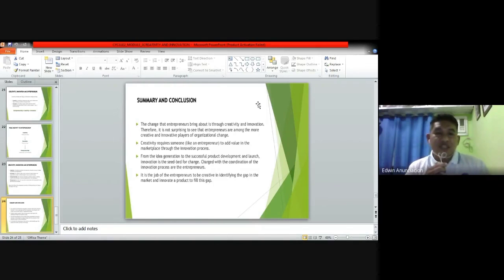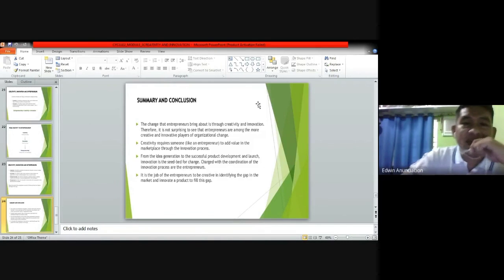Creativity requires someone like entrepreneurs to add value in the marketplace through innovation process. From the idea generation to the successful products development and launch, innovation is the seedbed for change with coordination of the innovation process are entrepreneurs.